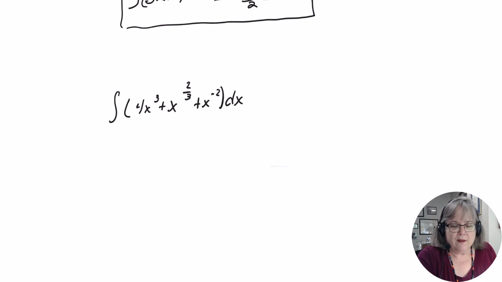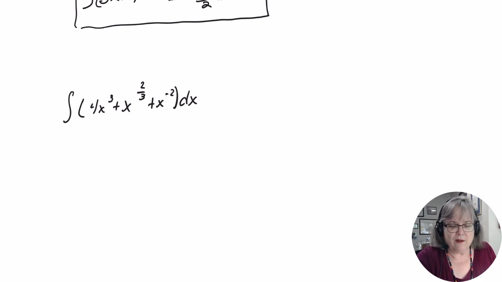Okay, so if they ask me to integrate 4x cubed plus x to the 2/3 plus x to the minus 2, each of these is just an x, right? X to a power with numbers as coefficients. You can think of this, but you don't have to write it down like this.